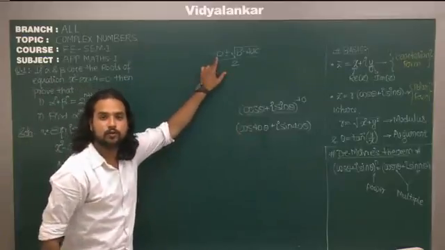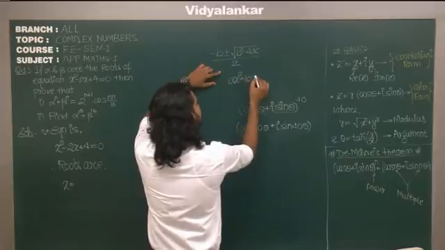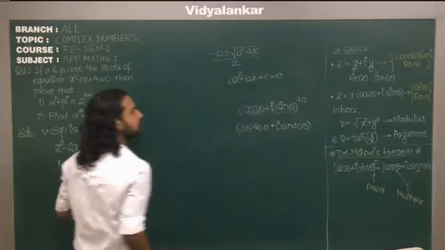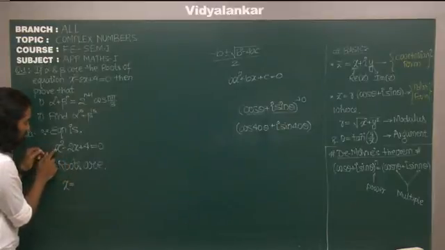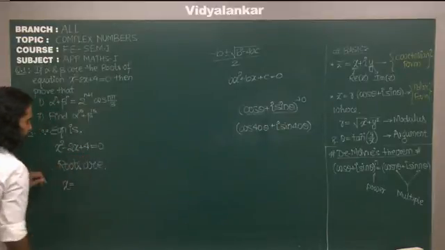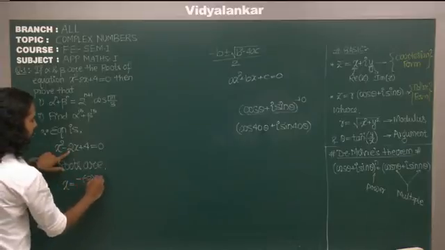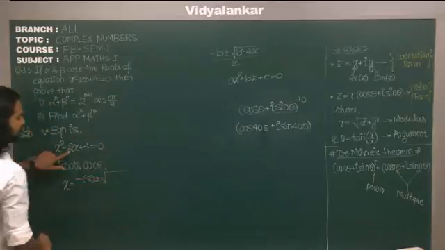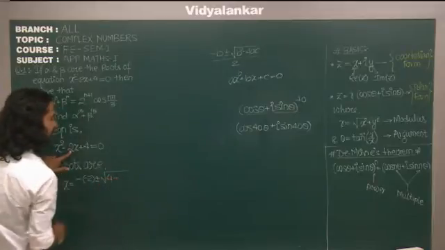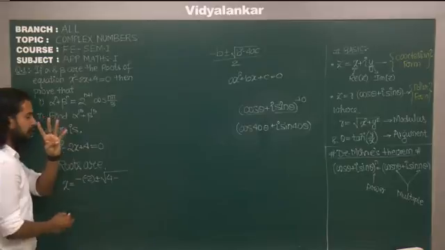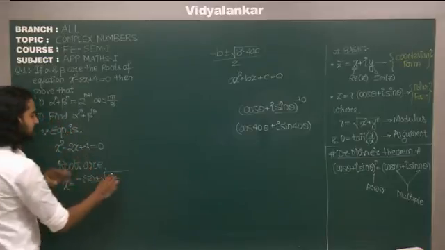This is what we have as the root of any quadratic equation of the form ax square plus bx plus c equal to 0. Now if you look at this quadratic equation, a is 1, b is minus 2, c is 4. So the roots will be minus b, which is 2, plus minus square root of b square, minus 2 square is obviously 4, minus 4ac. Now 4 times 1 into 4 is going to be 16.